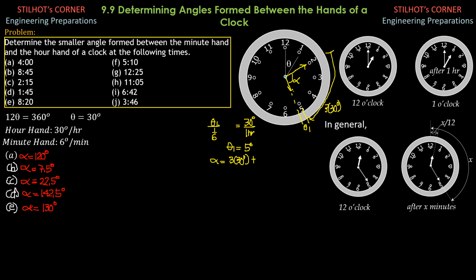And alpha is 3 times 30 degrees plus 5 degrees. And therefore, that is equal to 95 degrees. So for part F, the answer is alpha equals 95 degrees.